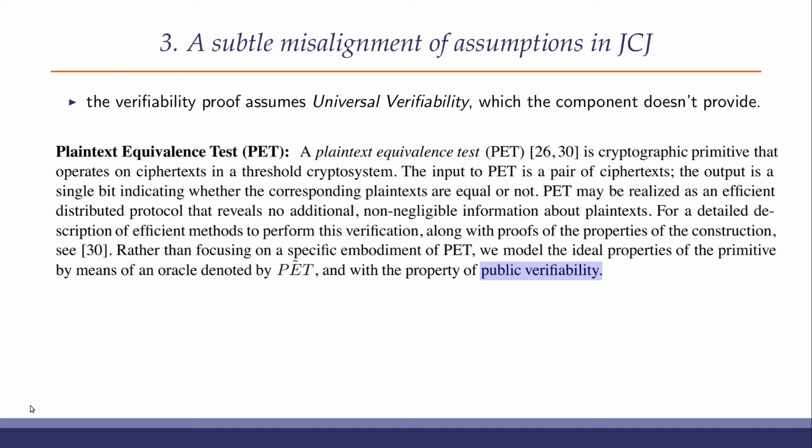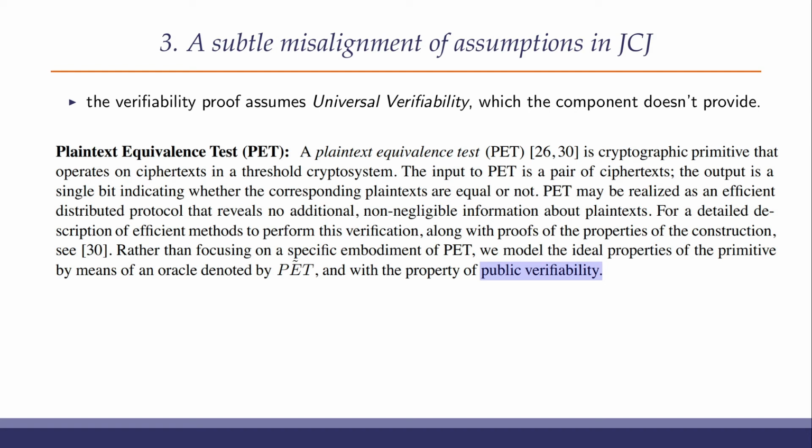In the protocol, they need this to be universally verifiable or publicly verifiable. In other words, they need those authorities to produce a proof transcript that cannot be faked, even if all of the authorities collude together to lie.